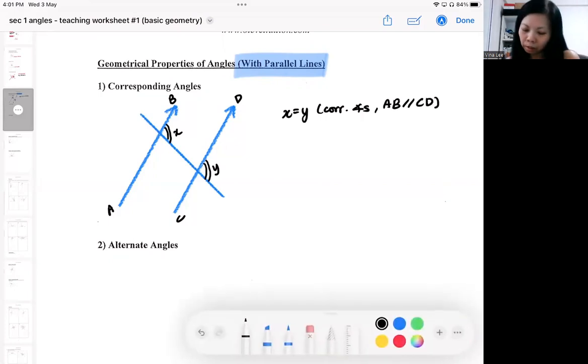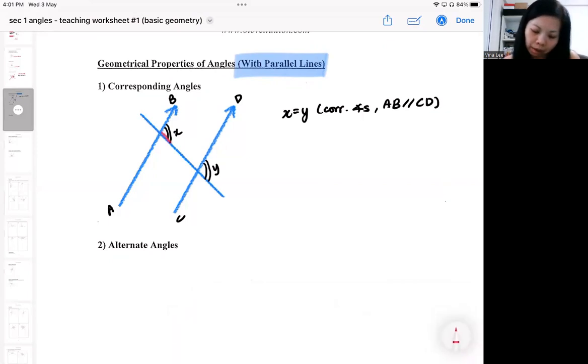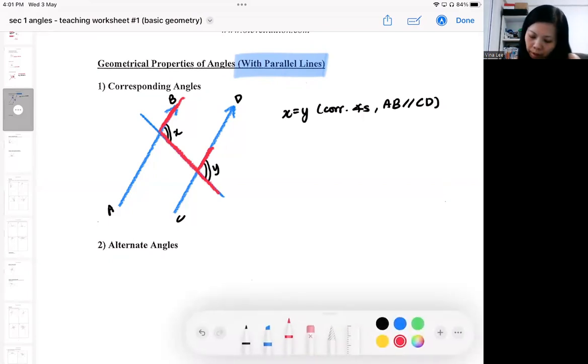One thing that can help you remember corresponding angles is the letter F. It forms a letter F. Can you see the red letter F? There's also another corresponding angle here.